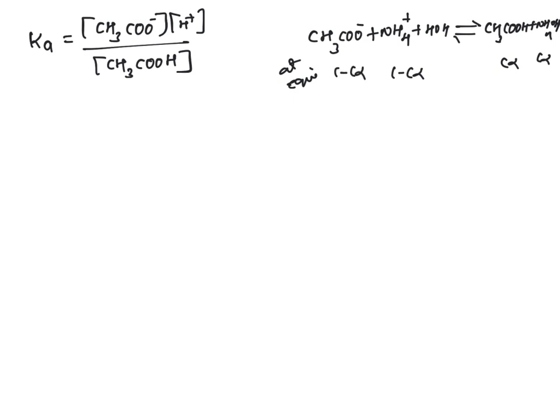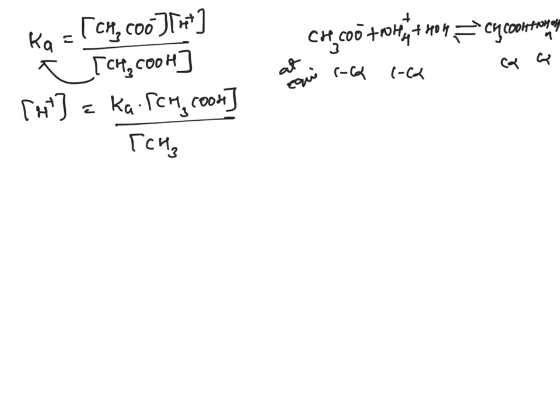I am substituting these values in the above expression. Before substituting, I am rearranging this expression in terms of H plus equal to Ka times the concentration of acetic acid by the concentration of acetate ion.